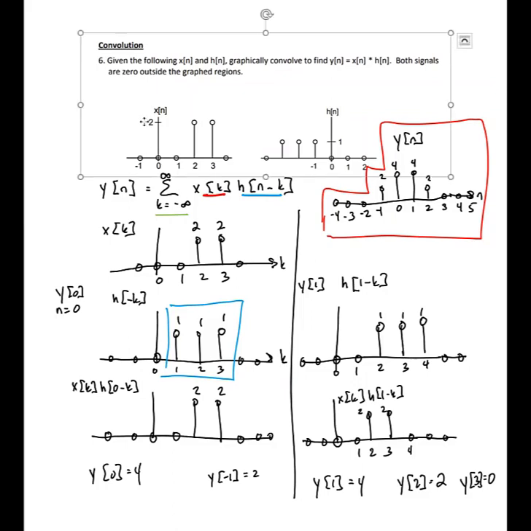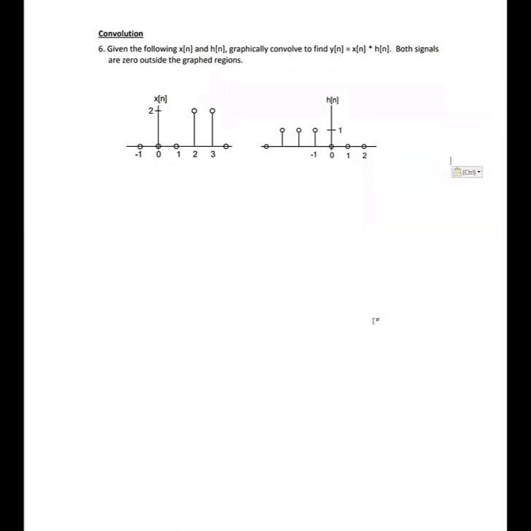Although it wasn't asked in the problem, let's do it mathematically. So y of n equals that sum over all values of k of x of k h of n minus k.